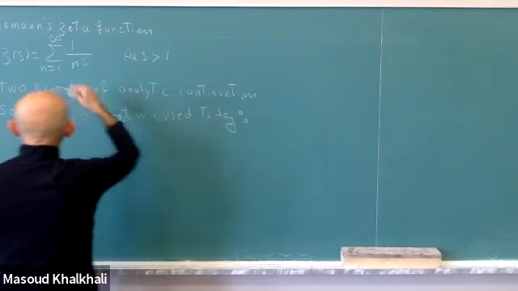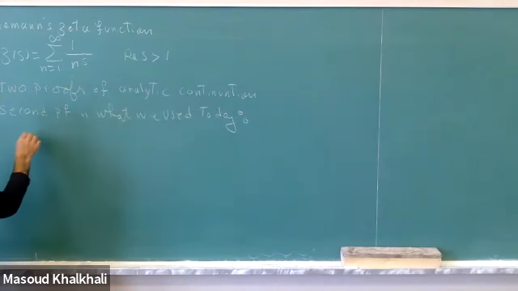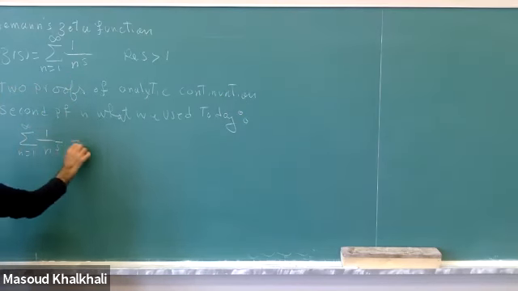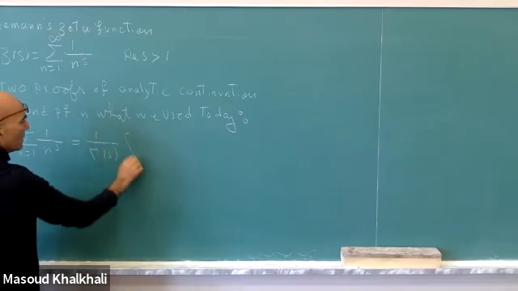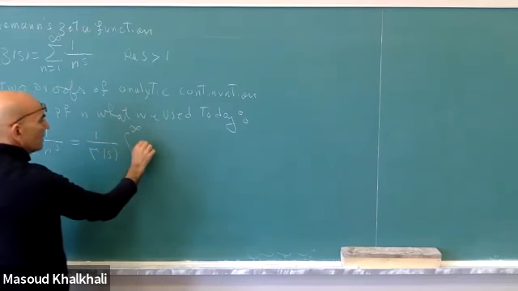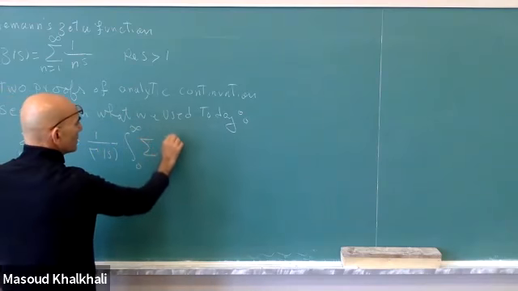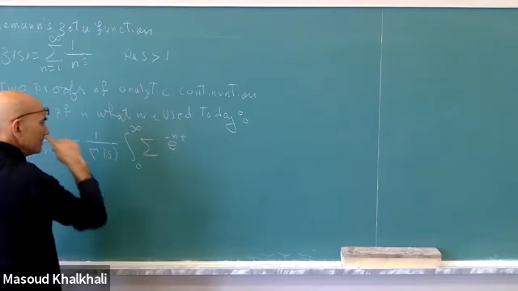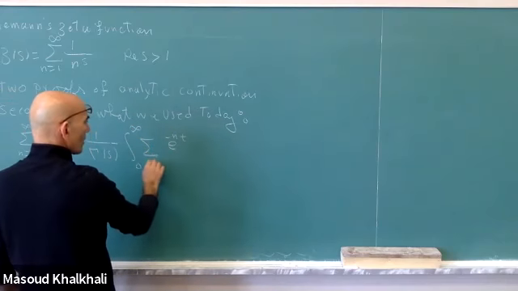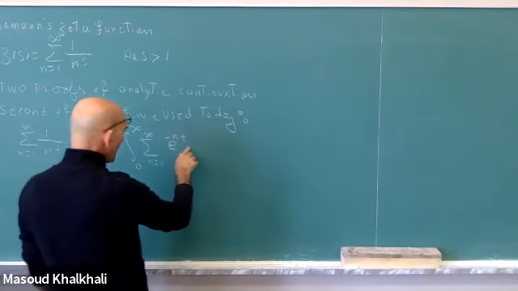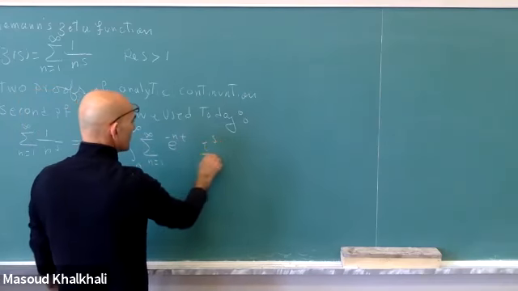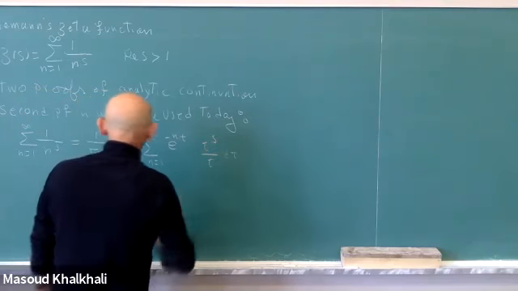What he did is this: the sum of 1 over n to the s, from 1 to infinity, is equal to 1 over gamma of s, the integral from 0 to infinity of the sum of e to the minus nt, n from 1 to infinity, times t to the s over t dt.